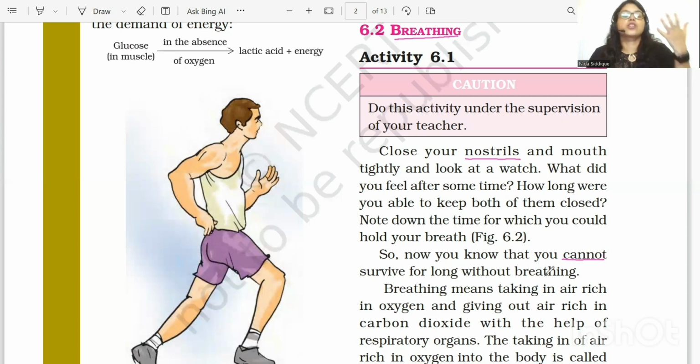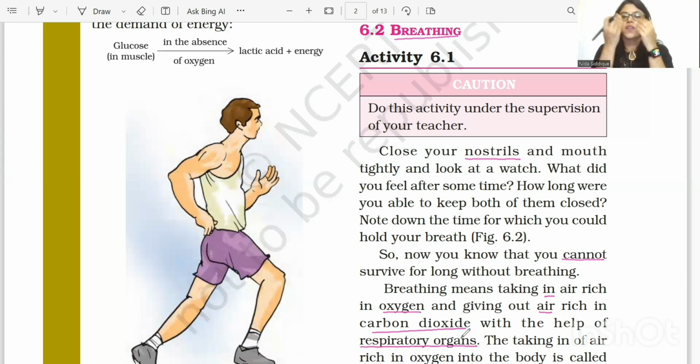So what is this process of breathing? So breathing means taking in the air, which is rich in oxygen, and giving out air, which is rich in carbon dioxide. And this occurs, ये जो process है, ये होता है with the help of respiratory organs.